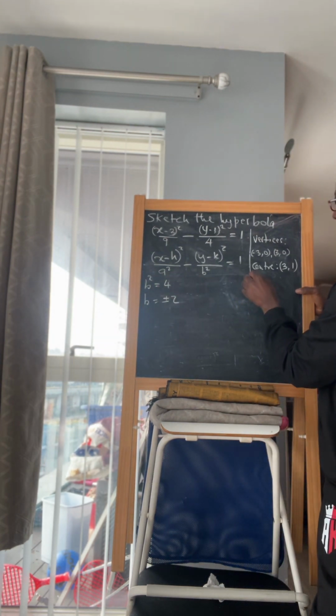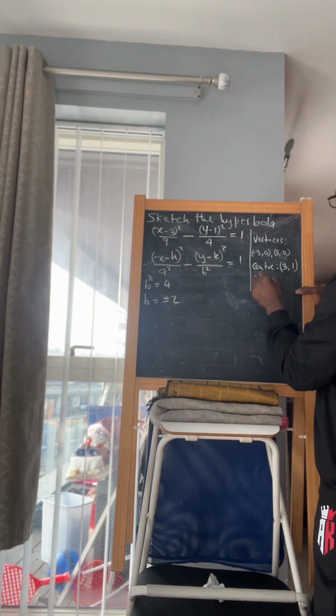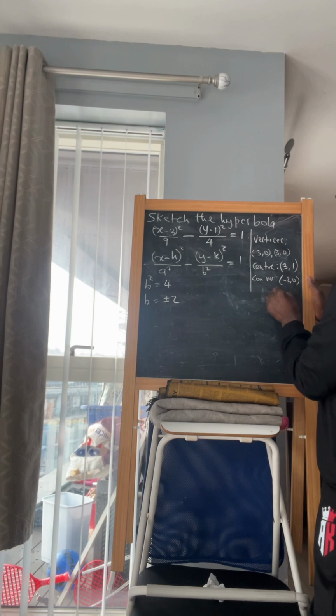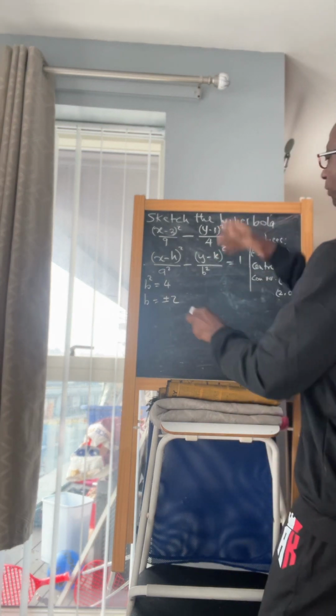So the conjugate vertices are minus 2, 0 and 2, 0. So we finish with that.